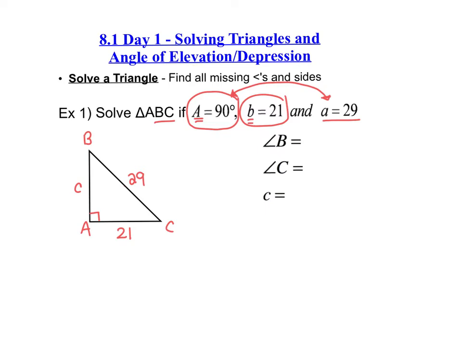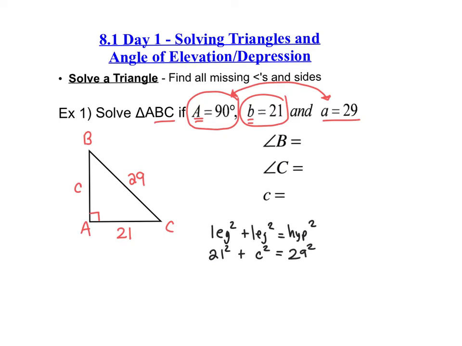Now, because it's a right triangle and we know two of the sides already, we can find the missing side by just using the Pythagorean theorem. In the Pythagorean theorem, we're going to take our leg squared plus our other leg squared to equal the hypotenuse squared. That means we'll do 21 squared plus c squared equals 29 squared.